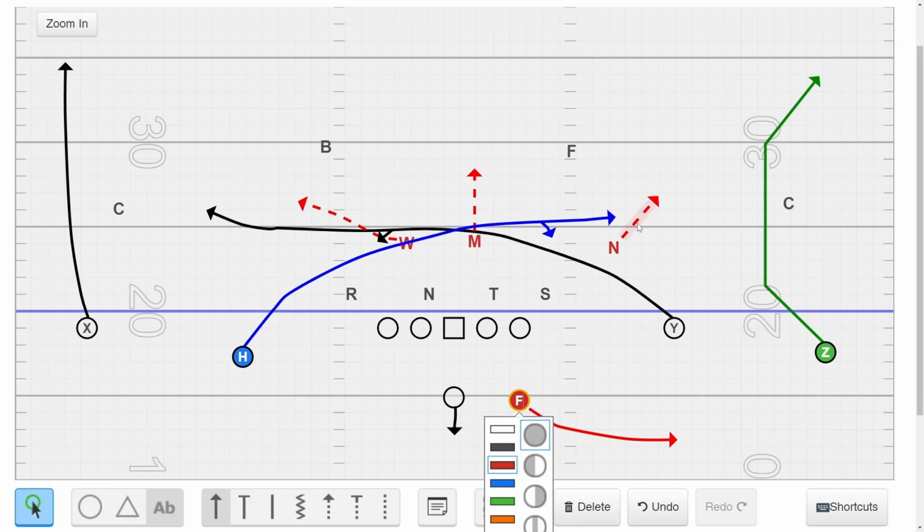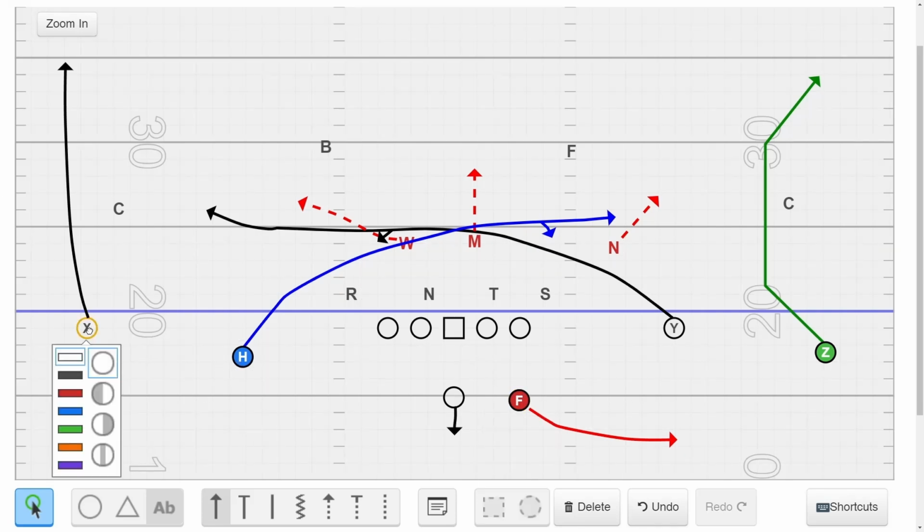Okay. If we are coverage reading this, in a more traditional sense, then it would be this nickel outside linebacker would be the read beyond the burst corner. So basically, if he settles inside or out, we'll throw either the mesh or the bubble.